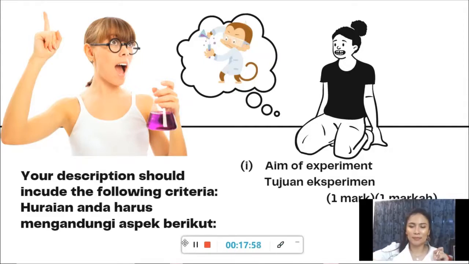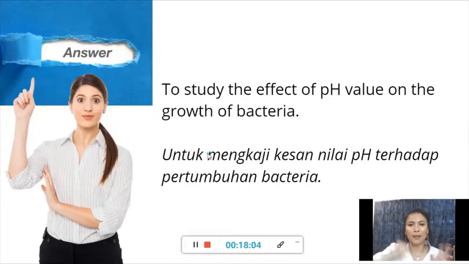So far so good. So let us have a glimpse at the answer. So study the effect of pH value on the growth of bacteria. Ya, untuk mengkaji kesan nilai pH terhadap pertumbuhan bakteria.